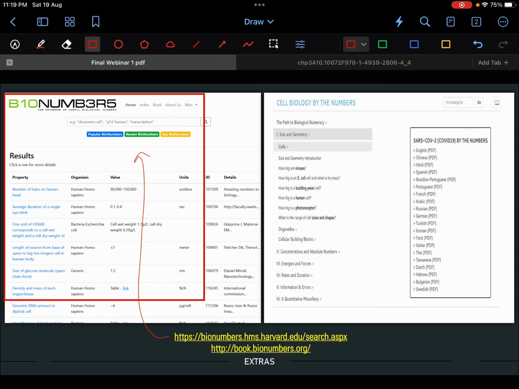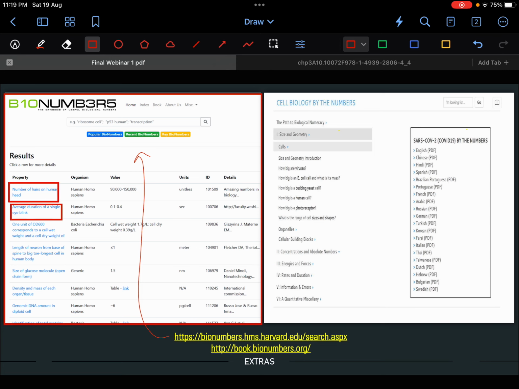If you go in this website, you will find many interesting biological numbers. Like you can already see here the number of hairs on a human head, or the average duration of a single eye blink. And not only that, you can also see examples like ribosome, E. coli, transcription, p53 human, or mitochondria, and what is the density, volume, radius, length of any cell organelle or any virus, E. coli, or Saccharomyces cerevisiae.